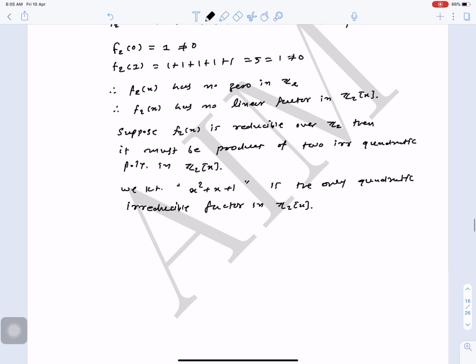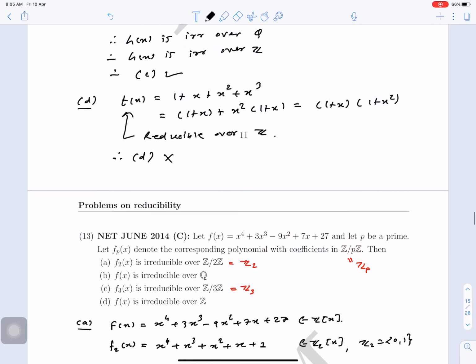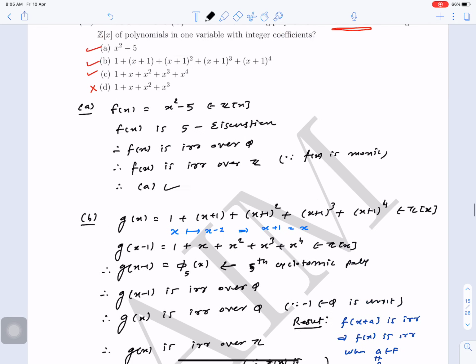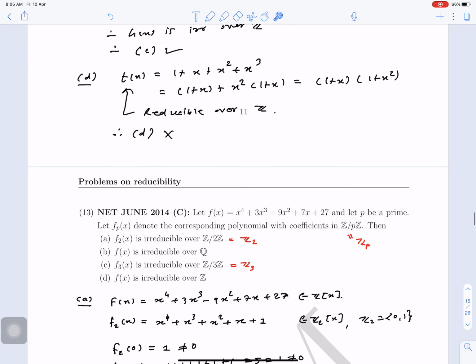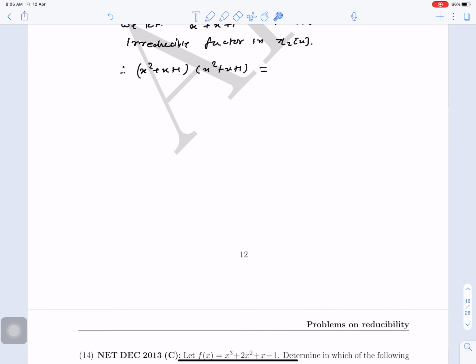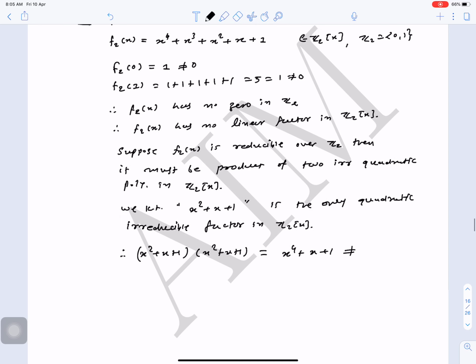So by manual calculation, x square plus x plus 1 into x square plus x plus 1, we have seen in some previous example. Yes, it is there. So that is x raised to 4 plus x square plus 1. It will be x raised to 4 plus x plus 1, and it is not f2(x).